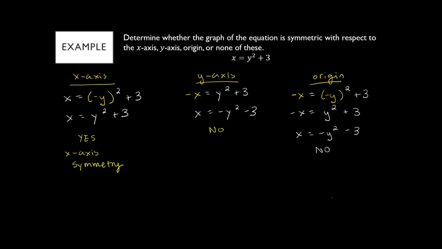And you can't just generalize and say anything that's x equals y squared falls this way, because that plus 3 does matter. That plus 3 makes a big difference on the types of symmetry it has. So constants really matter. Things added on can make a big difference.